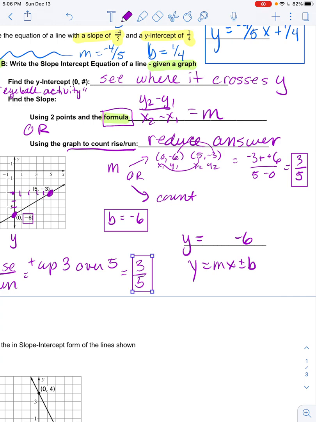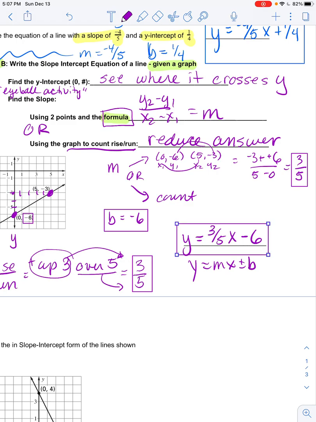Because anything that follows where it says over 5, that means the number will be over 5. And because this was positive from going up, I got a positive 3. So in both cases, I'm going to get the same thing. I'm going to get a slope of 3/5. And my equation will be 3/5 x minus 6, because that was the b value that I got earlier.